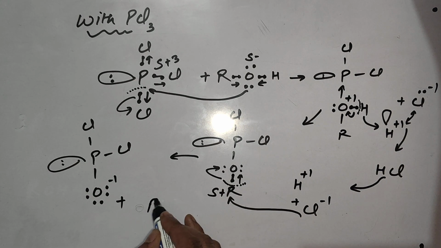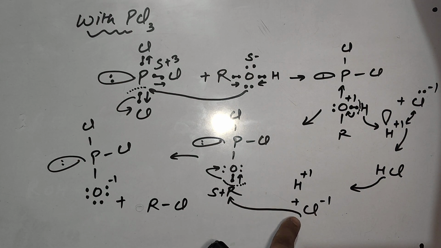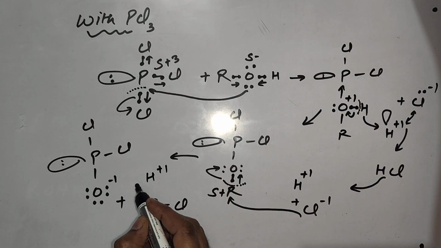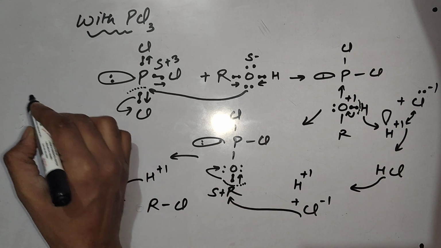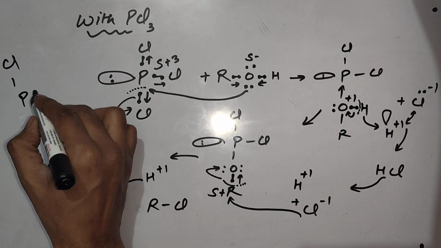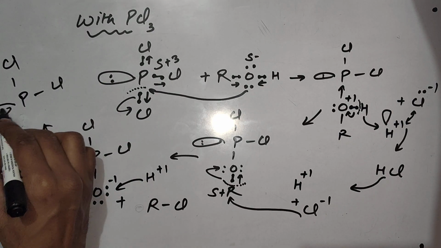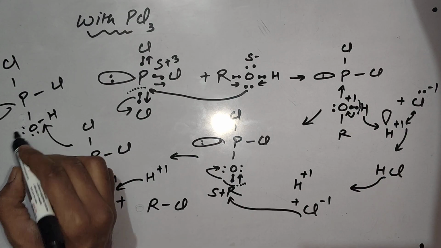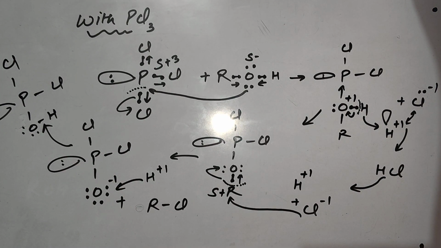R and Cl will combine with each other, and the negative charge of oxygen will be satisfied by this H positive. And then we will have this product. RCl is generated over here.